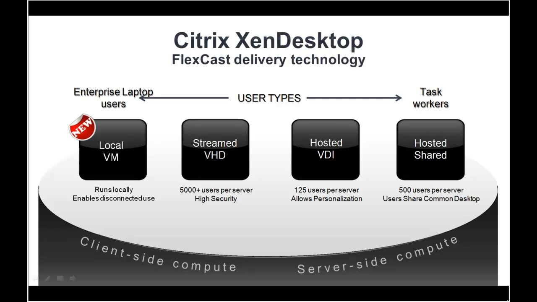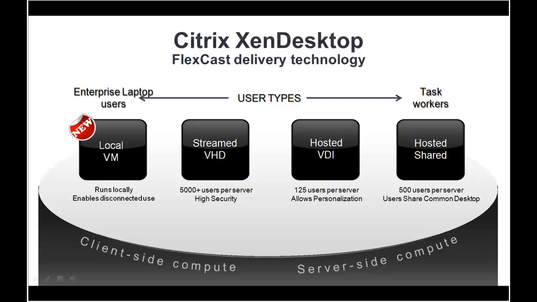It fits right into XenDesktop and allows us to take a virtual desktop and run it locally on the laptop and allow you to run it both online and offline. So that's the local VM technology, and it leverages client-side compute. And you'll see the other technologies we have here with streaming, which is great when you've got a corporate environment with systems connected to a LAN.